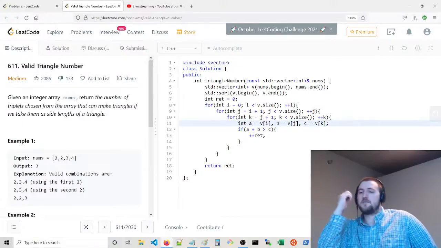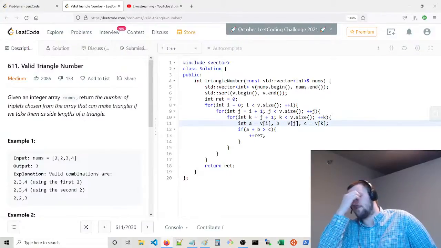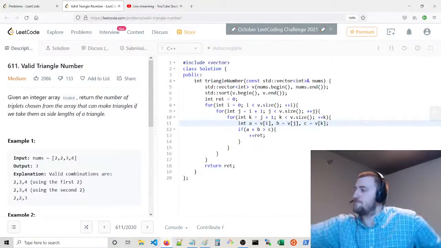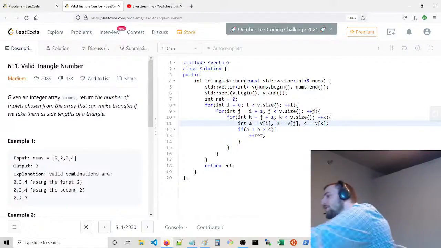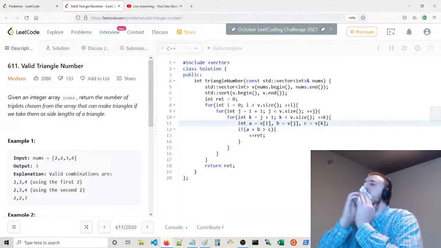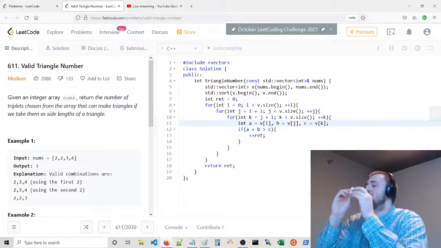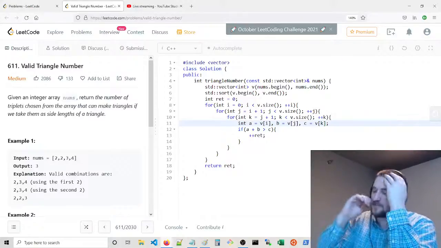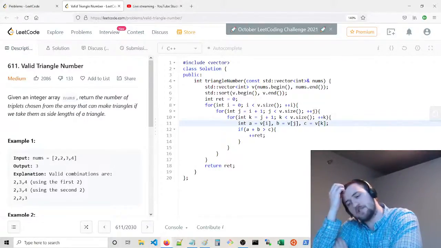Or alternatively, for each A and B selection, you can find on the right side all of the values of C that are to the right of B. You could do a logarithmic search, I think.